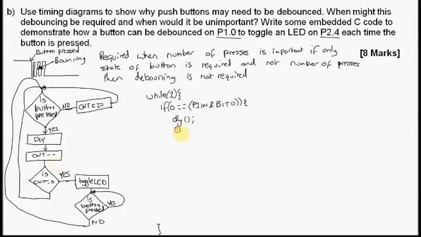Then we count down, so CNT minus minus. Another if statement. If CNT is equal to 0, then our thing's debounced. So at that point there, we can flip the bit. So we're flipping P2.4, P2OUT XOR with bit 4.